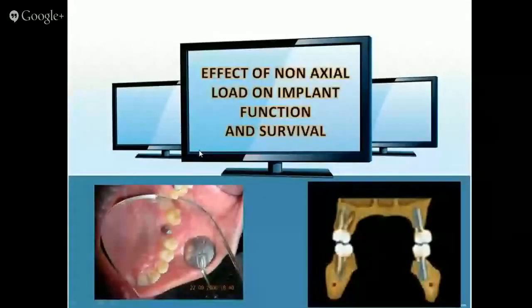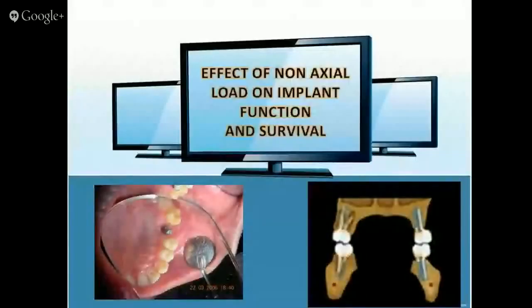We'll get it. Maybe if you repeat this, go back to the previous slide. Are we good enough? Let's see. Effective non-axial load on implant function and survival. Yeah. That's the one you want? Yes.